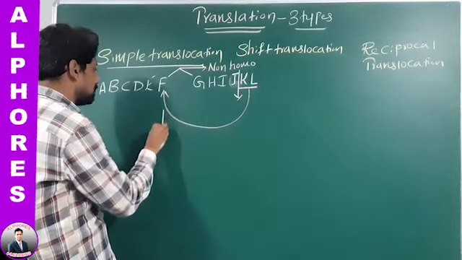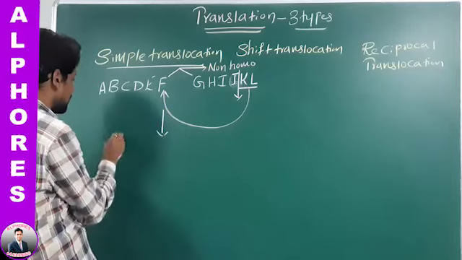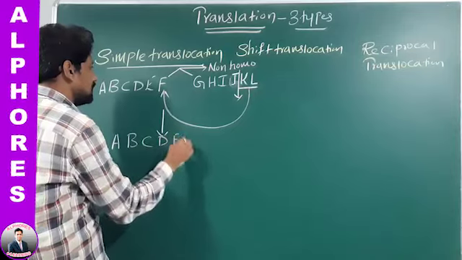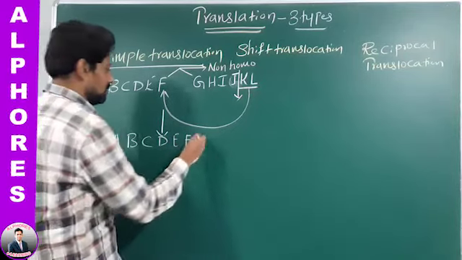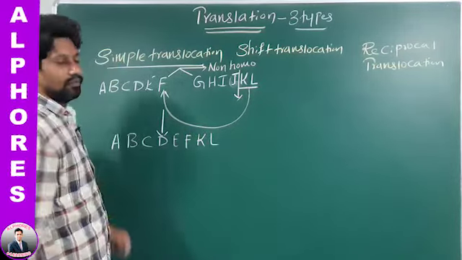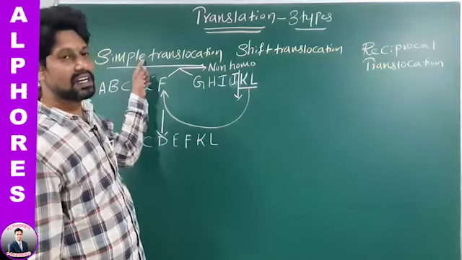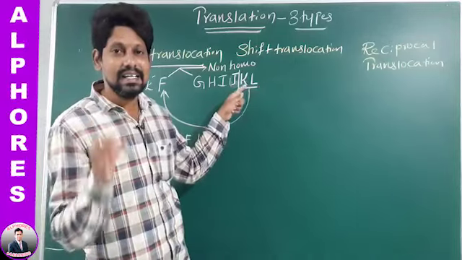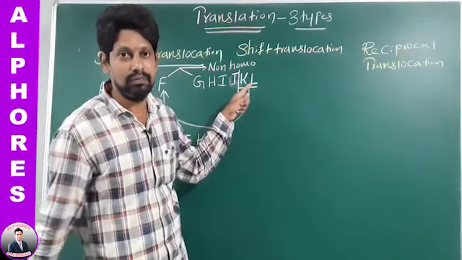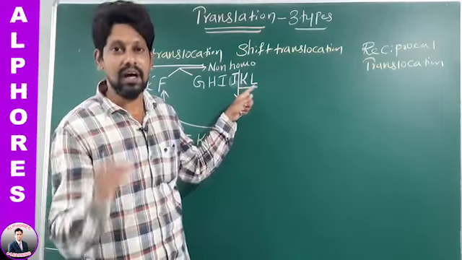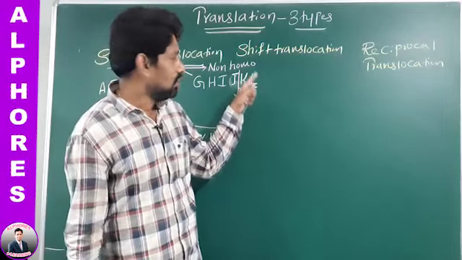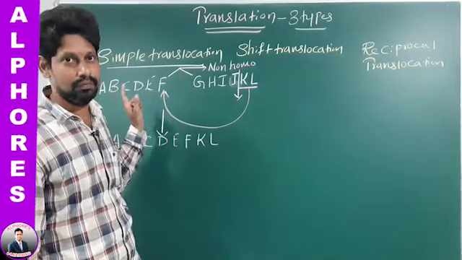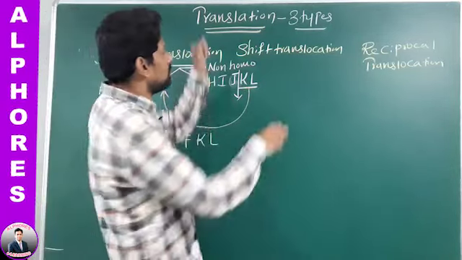Therefore, after simple translocation it will be A, B, C, D, E, F, K, L. This is simple translocation. A segment of chromosome is removed from the ends of the chromosome, and that segment is attached to a non-homologous chromosome.